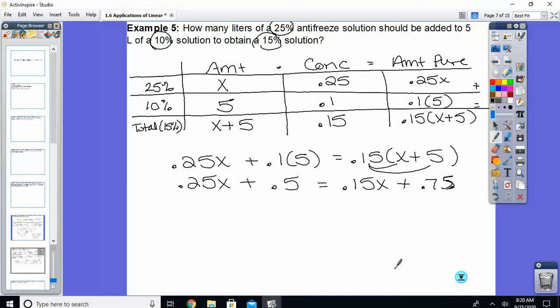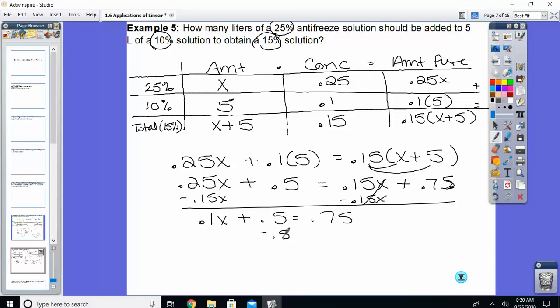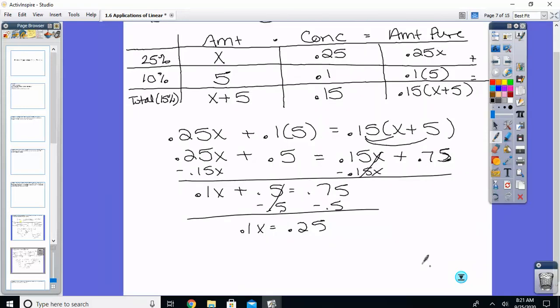Okay, so now subtract over your 0.15x. So 0.1x plus 0.5 equals 0.75. Subtract your 0.5. Divide by the 0.1, and you get x to equal 2.5.